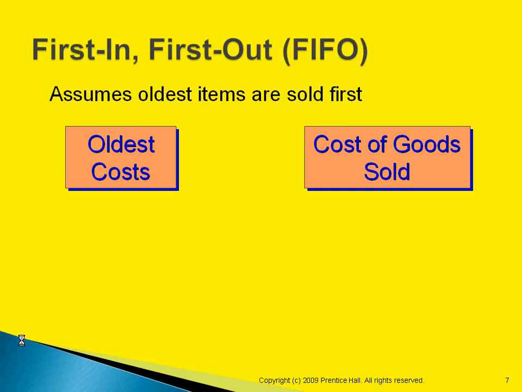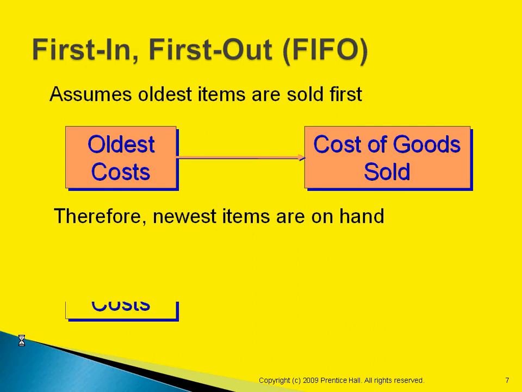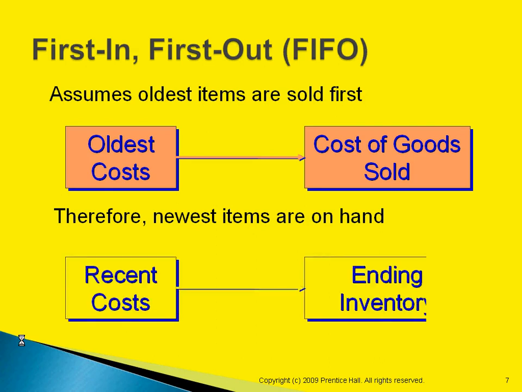The most recent costs stay on the balance sheet in ending inventory. Meaning, if we have made multiple purchases of inventory, under FIFO, we go to the oldest layer of inventory first, move those costs to cost of goods sold as we sell them. The most recent costs remain in the ending inventory.